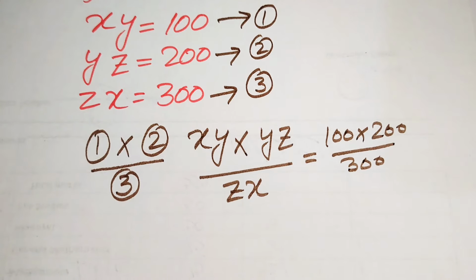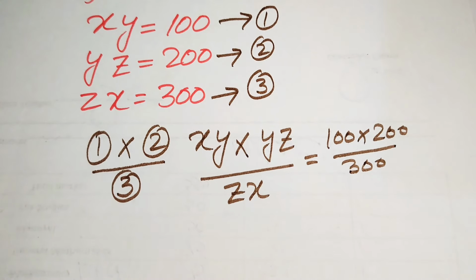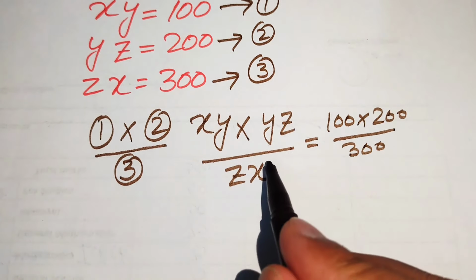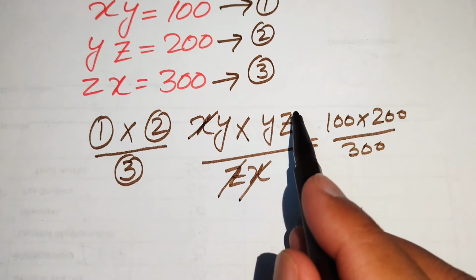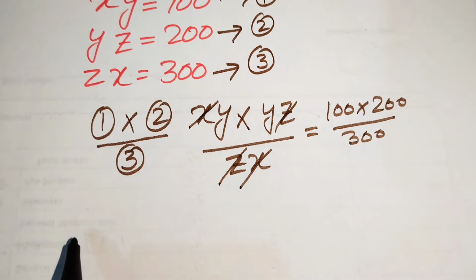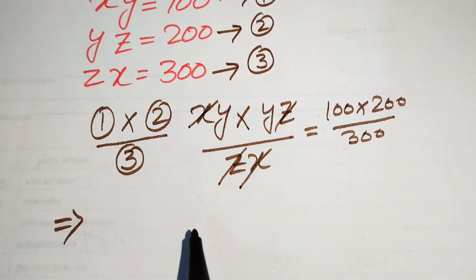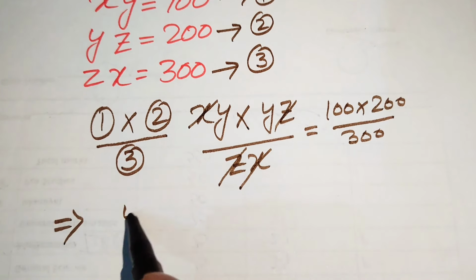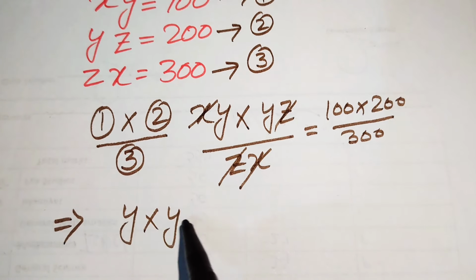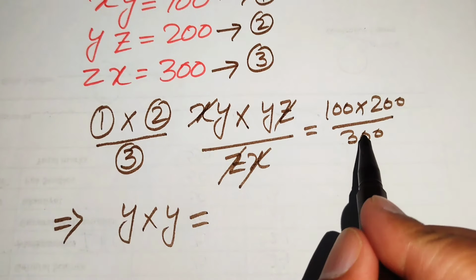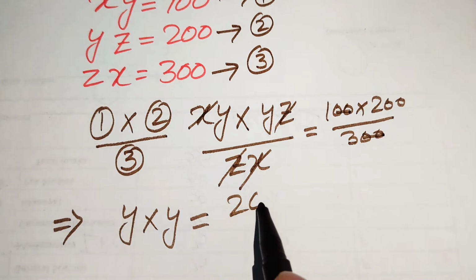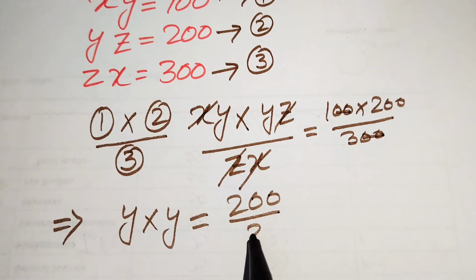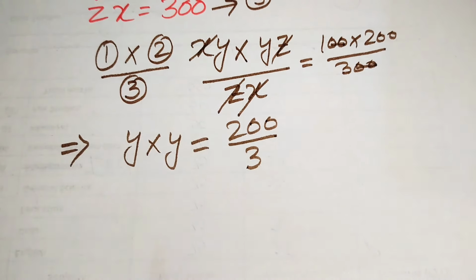Okay, so here we need some simplifications. You see this x is cancelled out by this x, this z is cancelled out by this z, and the remaining terms on the left hand side are y times y, equals to, these two zeros are cancelled out by these two zeros, and we get 200 divided by 3.